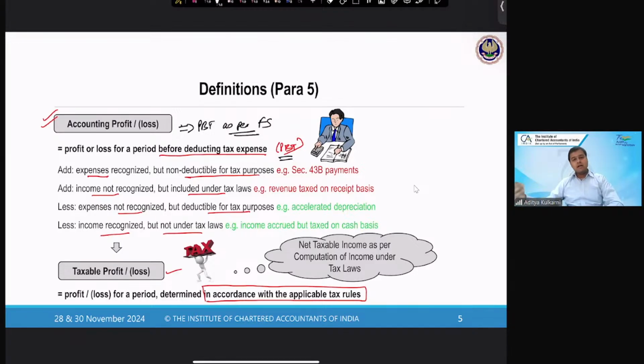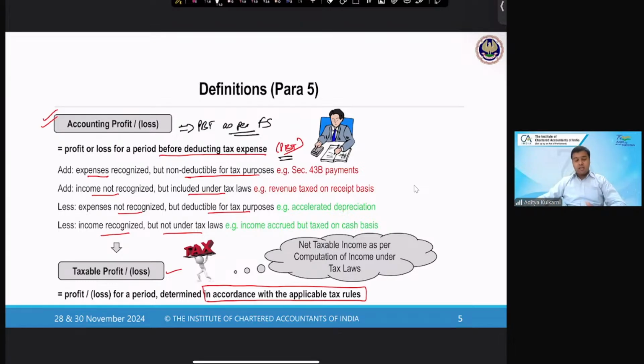I am using the references of these sections so that you will be familiar and understand how the tax workings are happening, how the tax accounting is taking place. Okay, so basis that we are going to do our accounting.